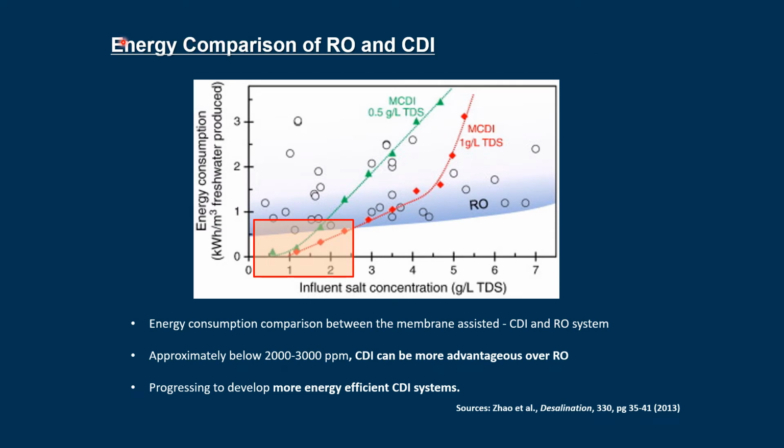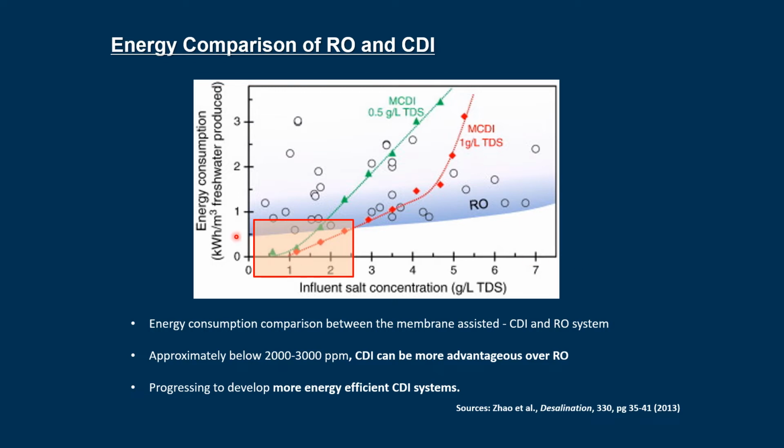So let us compare the energy consumption of RO and MCDI. This is the energy consumption in terms of kilowatt hour per cubic meter, and this is the salt concentration from 1 to 7 gram per liter.